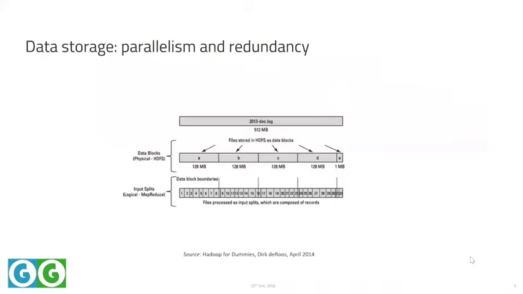So every time a MapReduce job runs, it will take each of these. It's called an input split, but it's a logical representation of a block, and process that certain block. Okay, I hope that clarifies it to a certain extent.